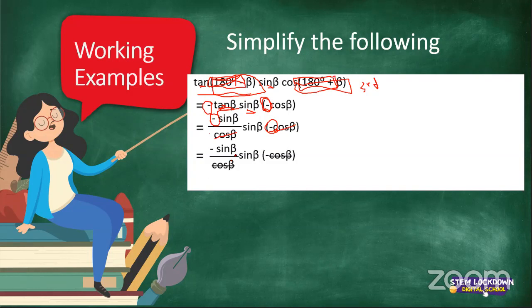And at this point, we are finding ourselves with a final answer. So that and that are going to cancel each other out. We have a final answer of sine beta times sine beta, which is sine squared beta. And at this point, we have then simplified our expression.